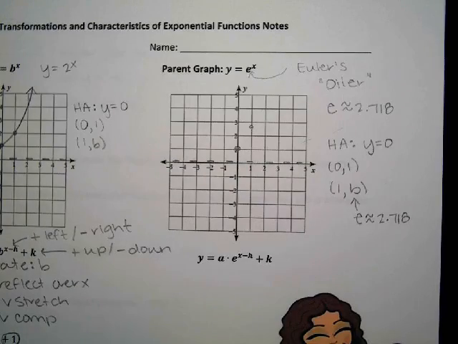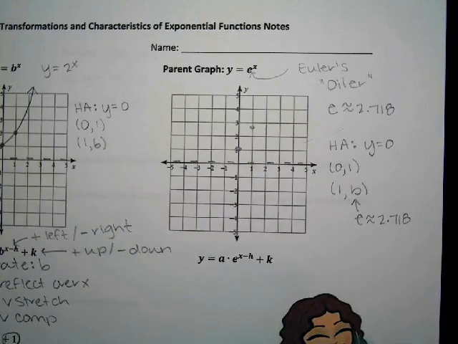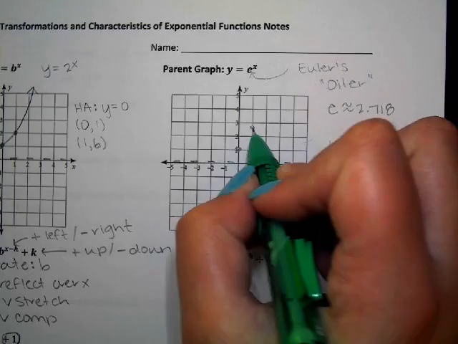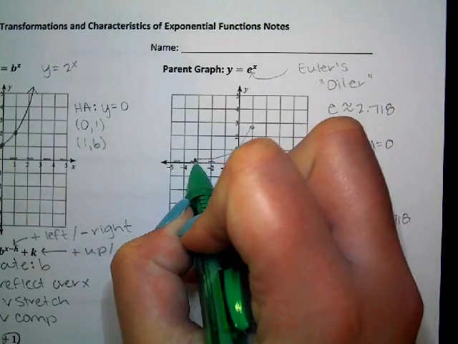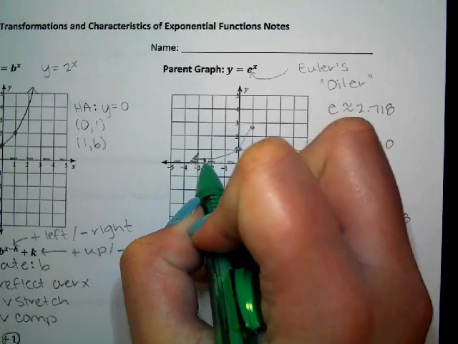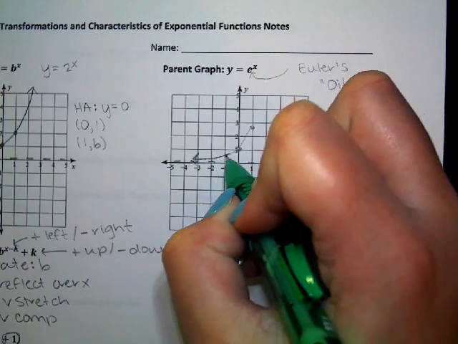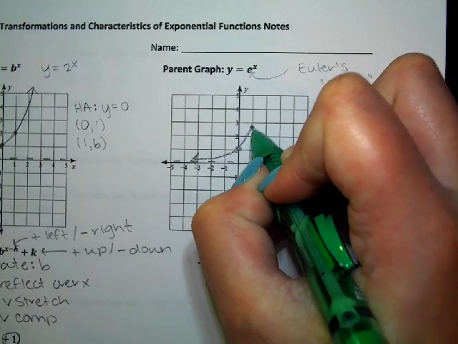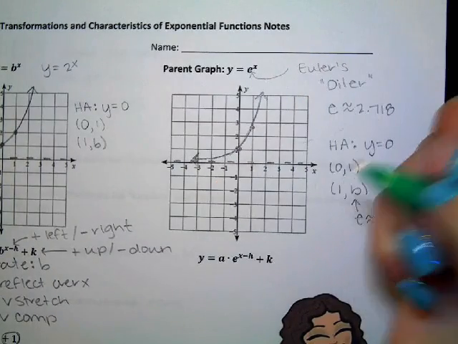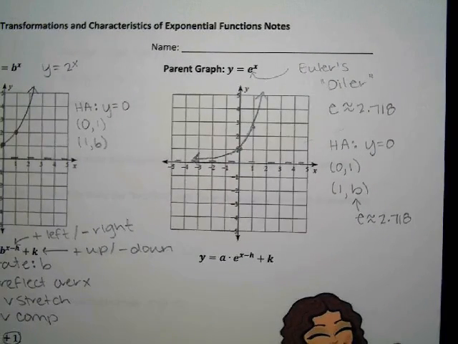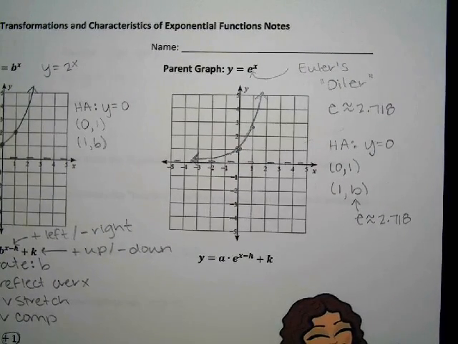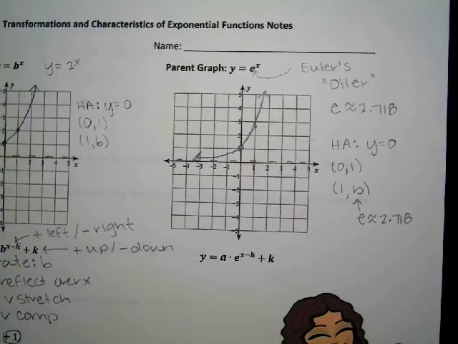When I connect these points, they approach the asymptote, because I know that's what they do over here. They get closer to the asymptote. That's how asymptotes work. And then over here it looks like an exponential function and it goes whoop. Complete with the sound effect. It's not whoosh, it's whoop. All right, beautiful.